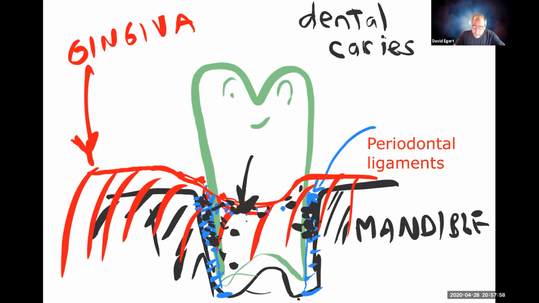And what they basically happen from is if there's some food someplace, usually in a crevasse. Let's make it in a crevasse. And then bacteria start metabolizing that, and they have acids that they produce as byproducts. And then those acids can start dissolving the tooth. And that's what a cavity is.